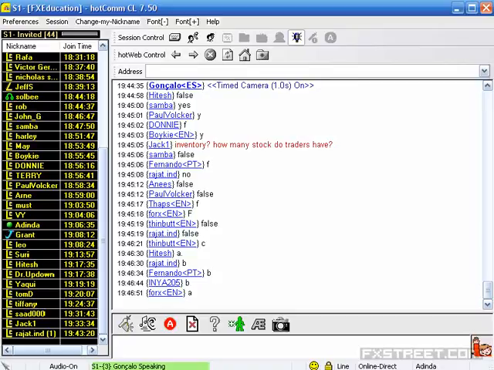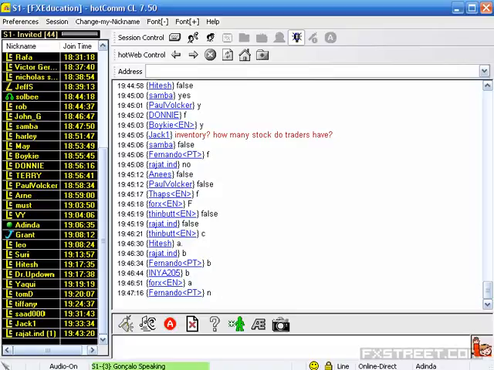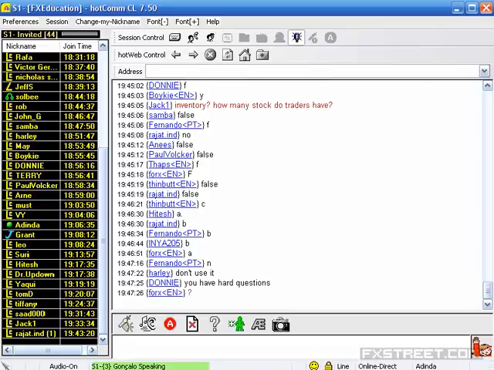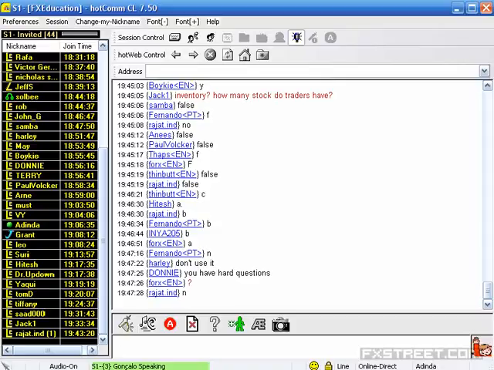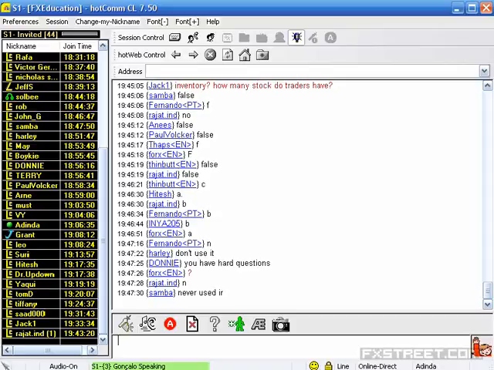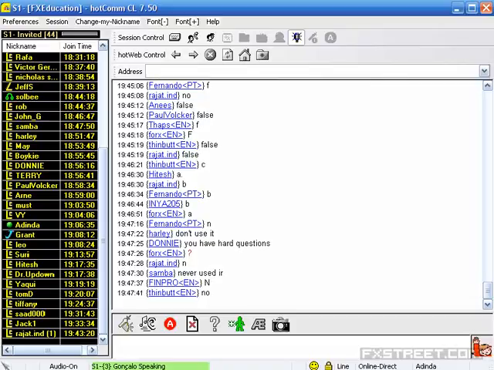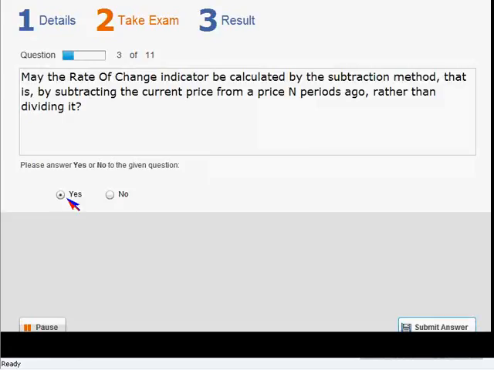If you know the nature of the indicator, can it be used by the subtraction method or only by division? Hard questions. These questions, by the way, are on the practice chapters of the Learning Center. Okay, this is a yes. Let's type a yes.